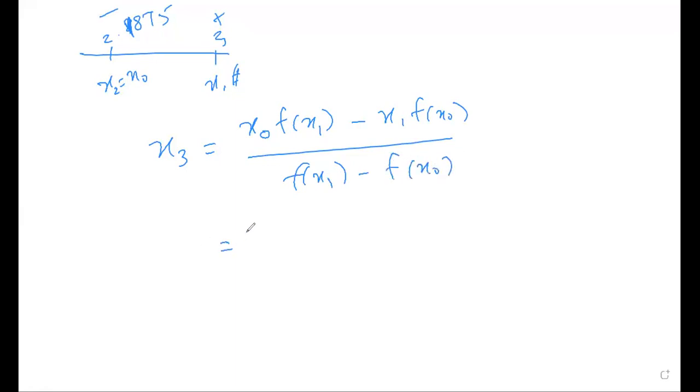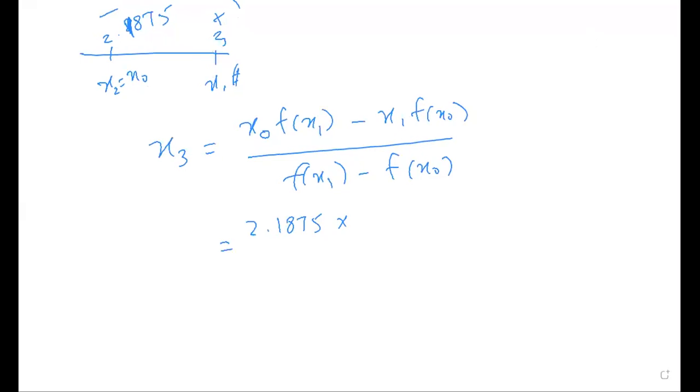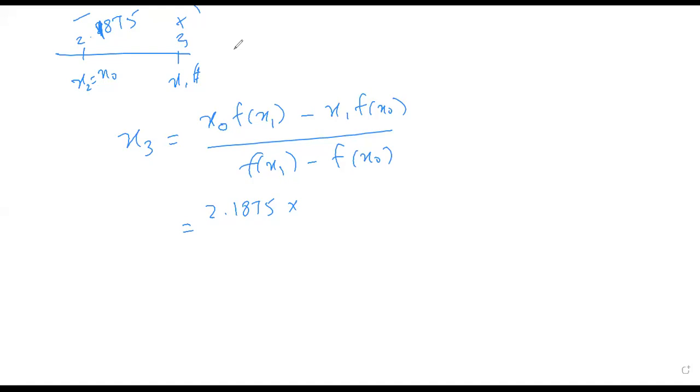So what are the new values? Our x0 will be this one, 2.1875, times f(x1). The functional value is 13, sorry, give me a second. And this one is negative 1.095, isn't it?